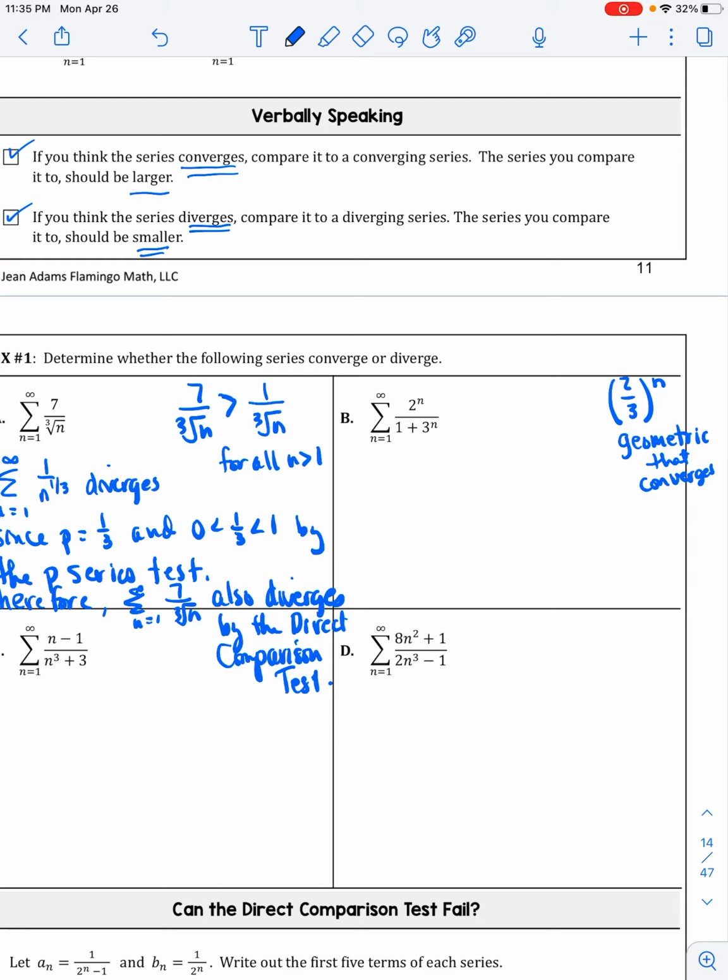Geometric that converges. And so now if it converges, then we said that the series you compare it to should be larger. Well, since this has a 1 plus in the denominator right here, that's going to make this always smaller. So 2 to the n over 1 plus 3 to the n is always going to be smaller than this (2/3) to the n. Okay? Put that like that.